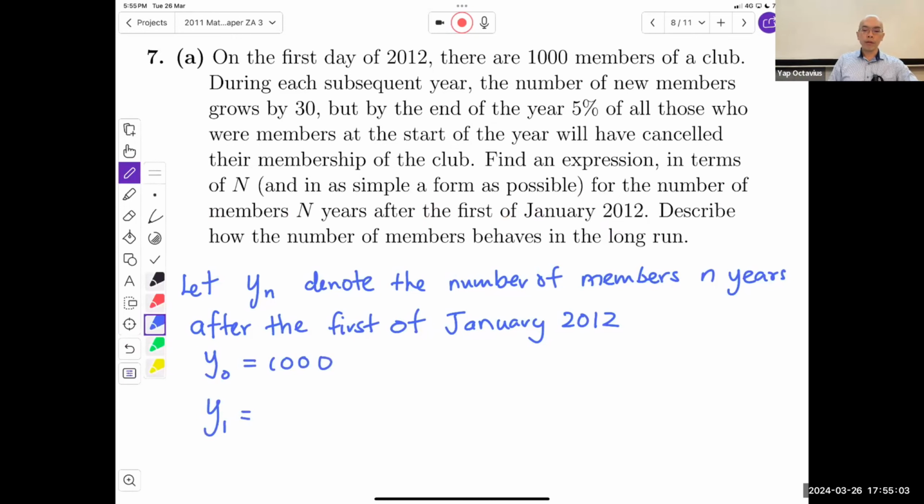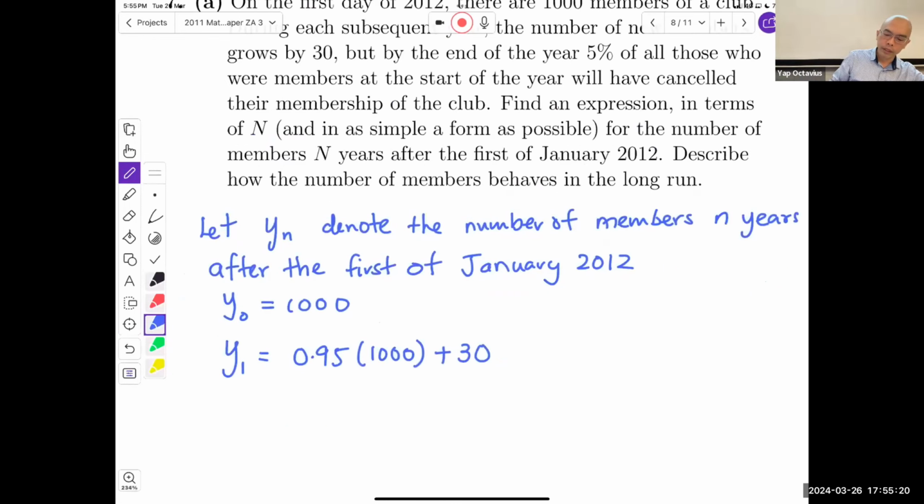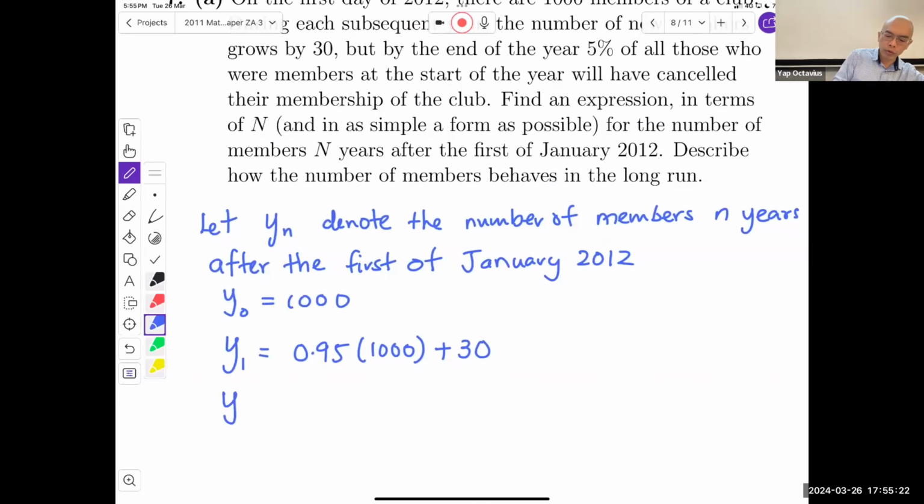5% leave, grow by 30 members. So 5% leave, you get 0.95, multiply by whatever you have, then plus 30. That's y1. Next year, y2: you take 0.95 multiplied by y1, then plus 30.